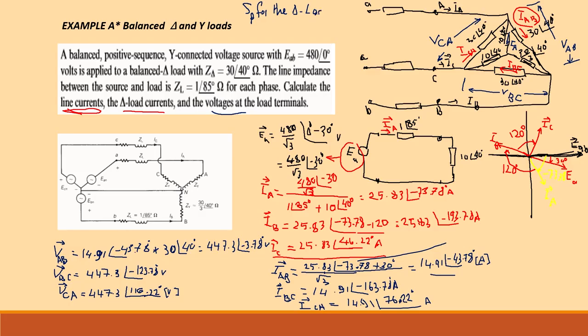The power of the delta connected load, the apparent power, which is equal to P plus jQ. This is the active power of the load, and this is the reactive power of the three-phase delta connected load.